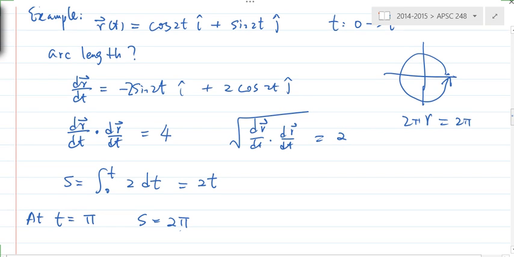Now remember in the previous lecture, I mentioned one concept. When you're deriving the parametric equation for a curve in 3D space, you don't always have to use t or time as a parameter for the vector function. You can also use the arc length as a parameter.